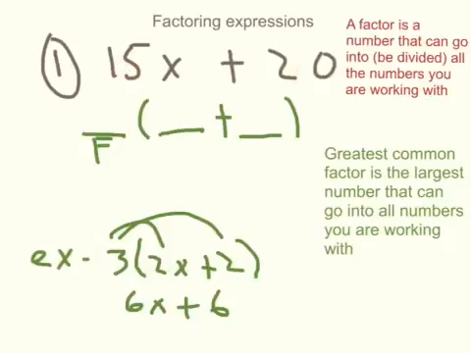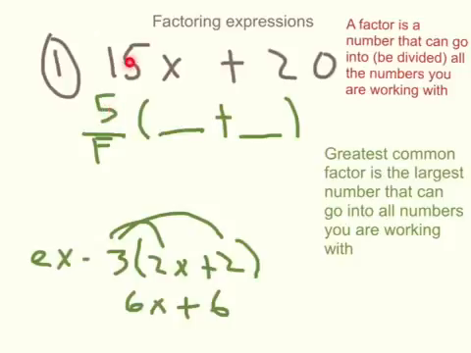I know my multiplication table is pretty good, and I know that 5 can go into both 15 and 20. So 5 is what goes there, because 5 can evenly go into 15 and 20. Now to figure out what I have left for these two blanks, I have to see how many times 5 can go into 15, and that will go there, and how many times 5 can go into 20, and that will go there.